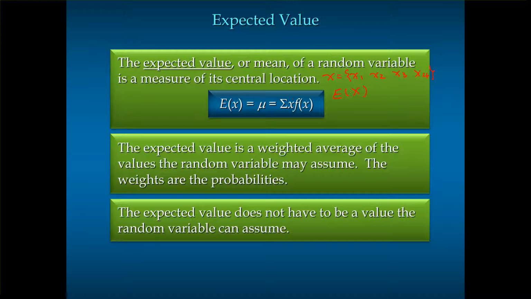To get that, we also need to know the probability for each value. Let's say the probability of x equal to x1 is f(x1), the probability of x equal to x2 is f(x2), and so on, up to the last one, x4, with probability f(x4).